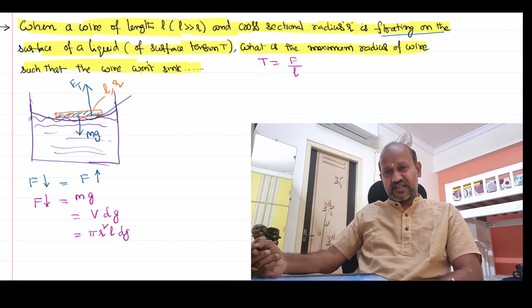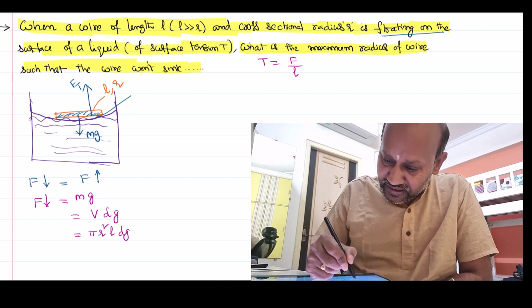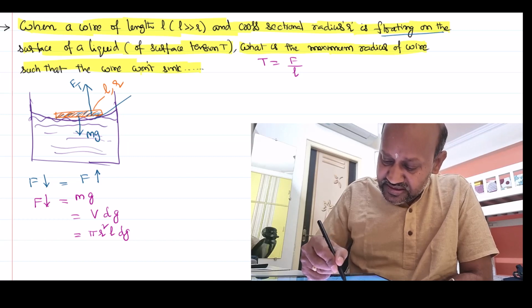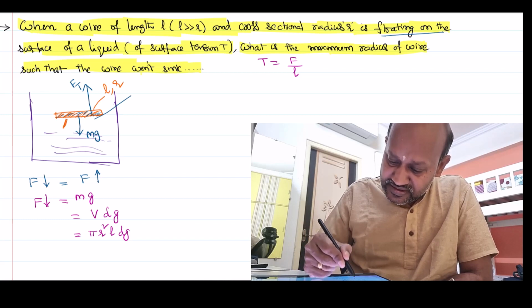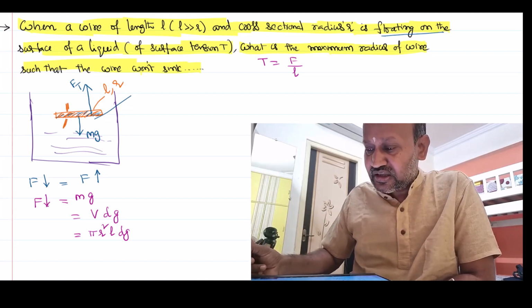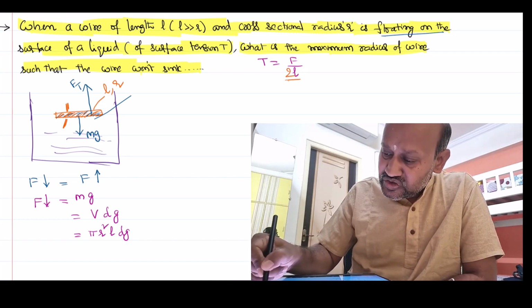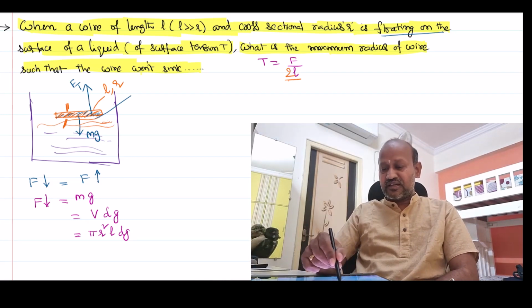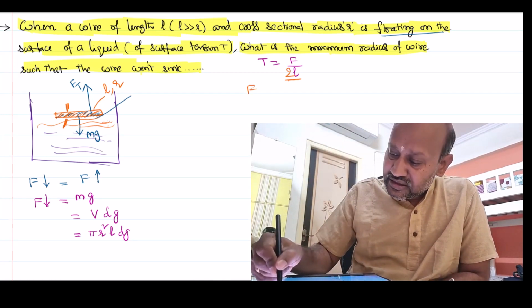Here, this wire is thin such that its inner surface as well as its outer surface are both in contact with the surface of the liquid. So in place of the length, I shall write 2L. Both parts of the wire are in contact with the surface of the liquid. So the force acting in the upward direction is surface tension into 2L.